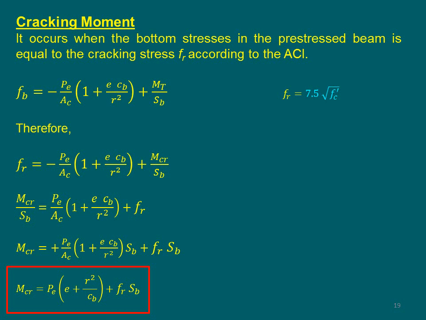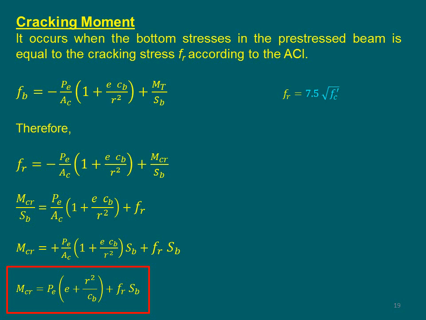We have this equation that we used to use and we still use. It shows the stress at the bottom is equal to negative P effective divided by AC, plus the total moment effect divided by S sub B. I'm not sure if I'm going to have the total moment here or not.